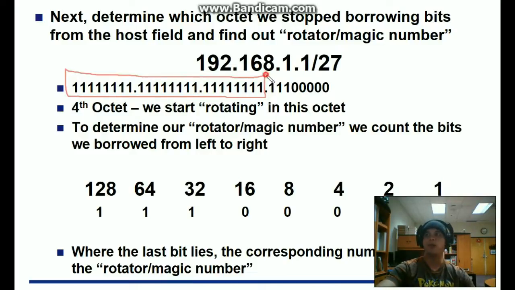But we borrowed host bits and turned them into networking bits. So we find out where we stop borrowing bits, which is in the 4th octet, right here. And this is where we start rotating this number that we will find. This is our magic number, or our rotator, but we rotate in that octet.